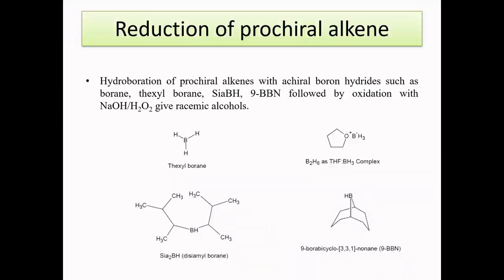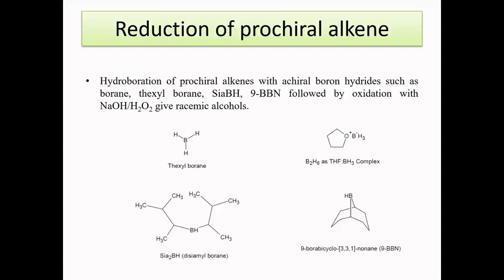To get the enantiomerically pure compound, these kind of reagents you can use, but on the screen right now, whatever reagents you can see, these are all achiral boron hydrides. So apart from the regular reducing agent, you can use these boron hydrides also.